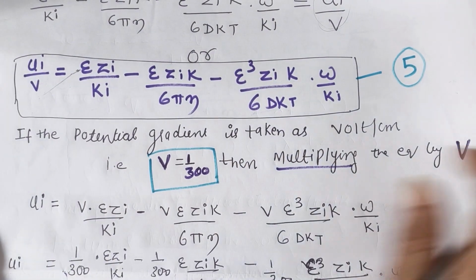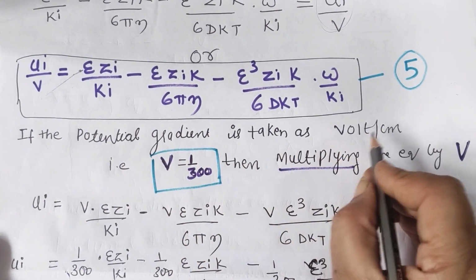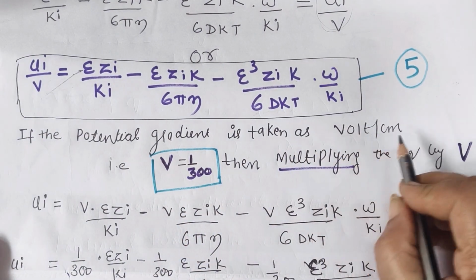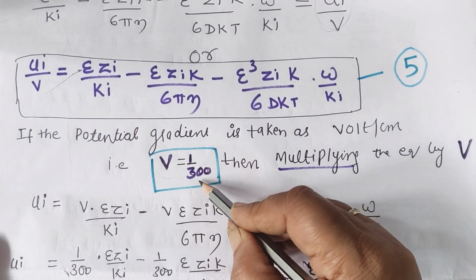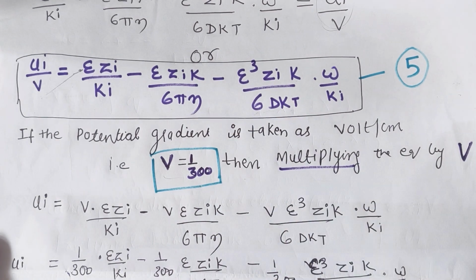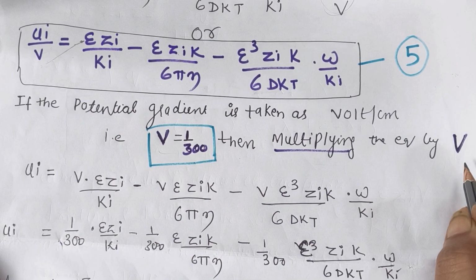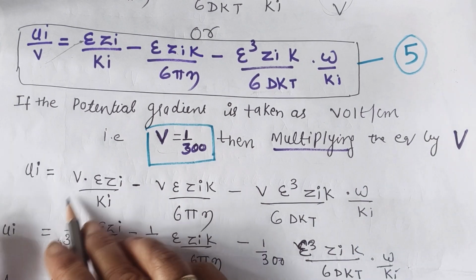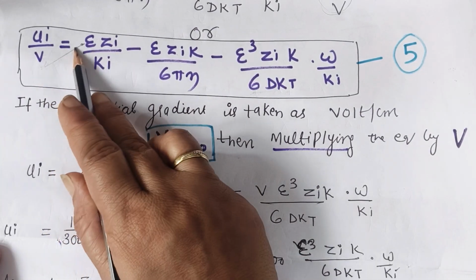Now what they are saying is that this v is the potential gradient and it is taken as 1 volt per centimeter. So in place of v we can put 1 by 300, multiplying the whole equation by v. When we multiply the whole equation by v, I will shift this v to the right numerator.